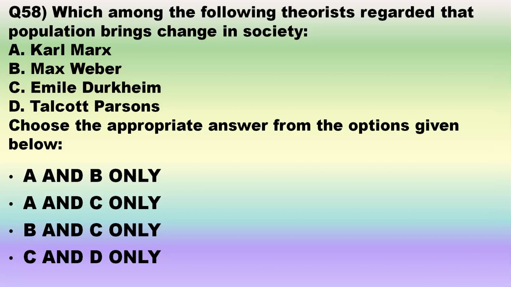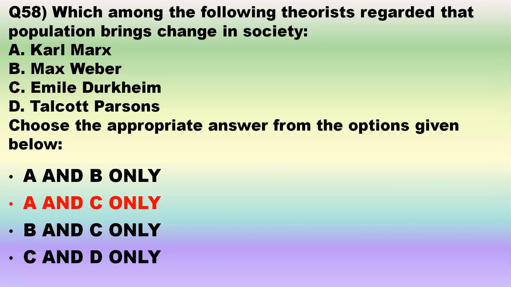The answer here will be A and C only, which means Karl Marx and Emile Durkheim, because these are the two people who had studied how population is having an impact on society and how population is bringing change in our society.